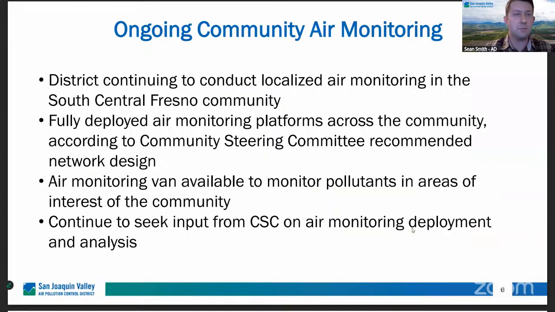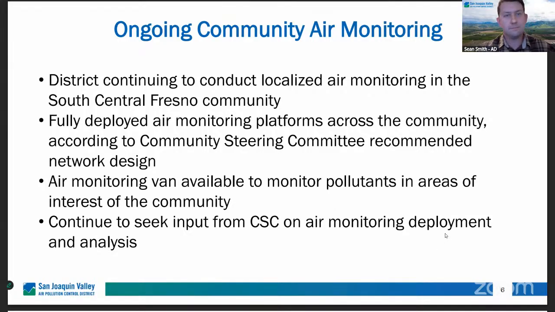Specifically, it's been at Edison and west of the Edison stationary air monitoring site. And then finally, we continue to seek CSC recommendations and analysis for our air quality monitoring and data presentation.